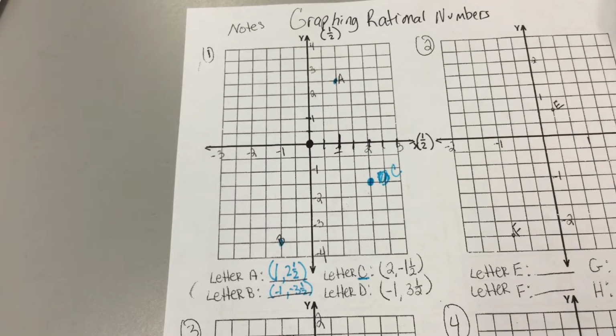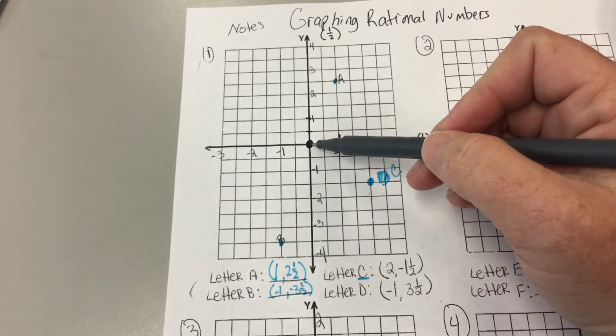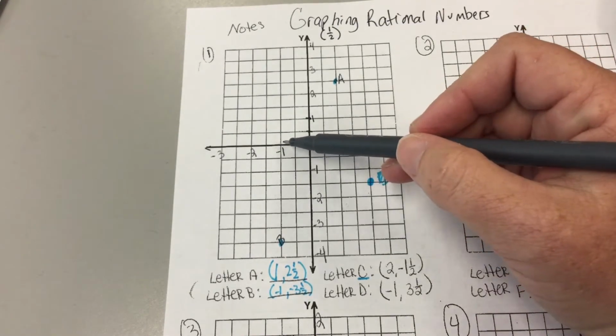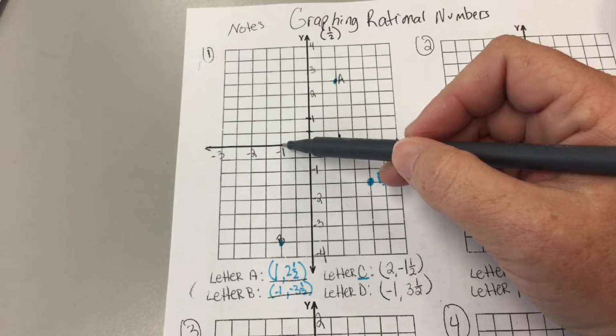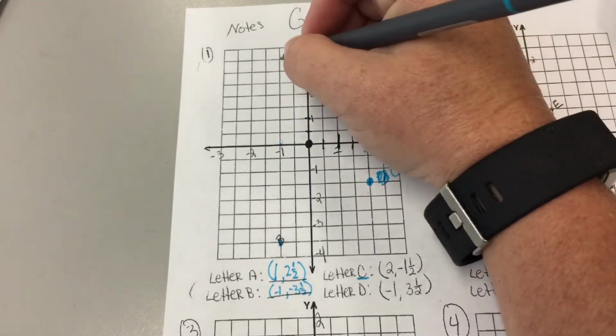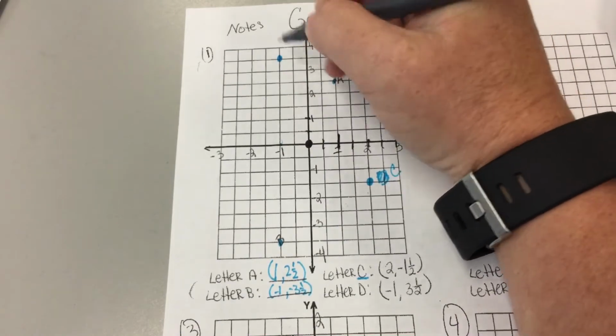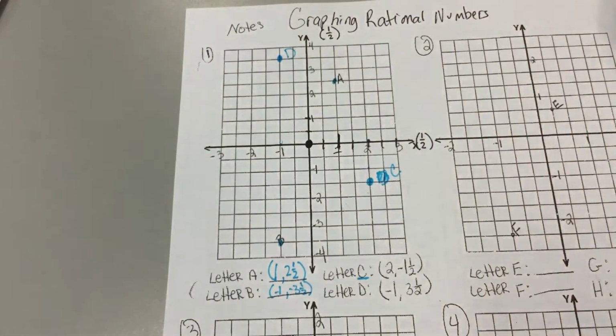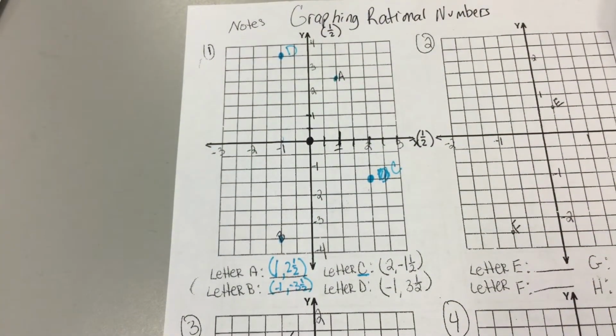If it doesn't tell me what I'm going to label it, then I will label it with my ordered pair. So let's look at D, which is at -1. So starting at my point of origin, go over to -1, and then +3.5. And I put my letter D. That is when we're graphing rational numbers by intervals of 1/2.